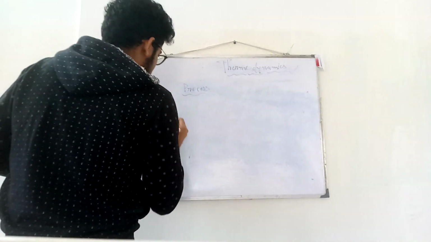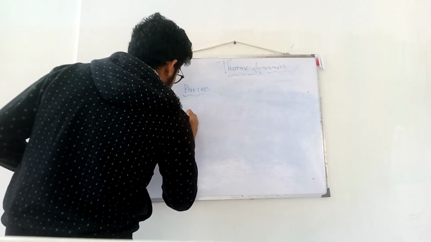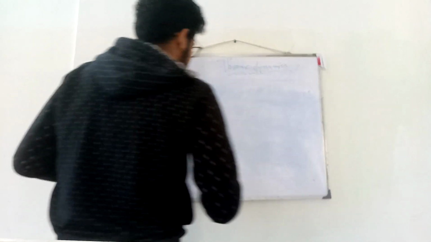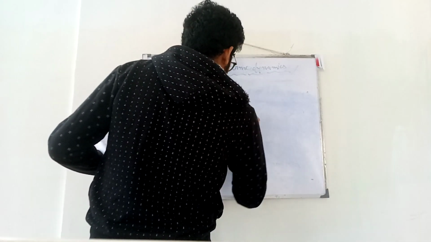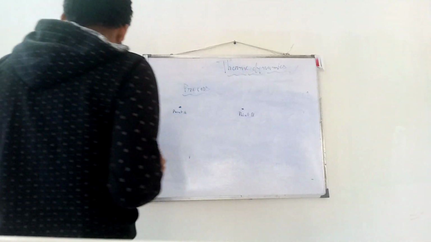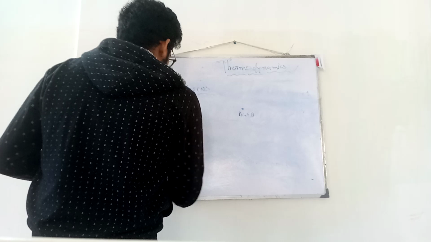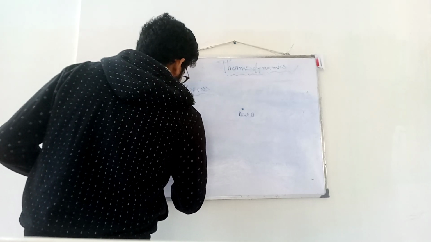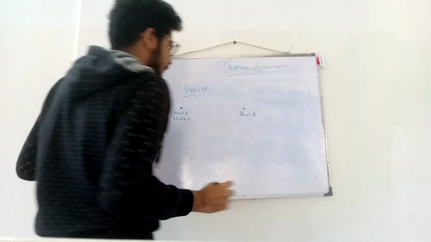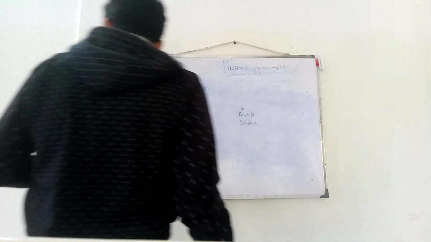Suppose this is point A and this is point B. Point A means state 1 and point B means state 2.